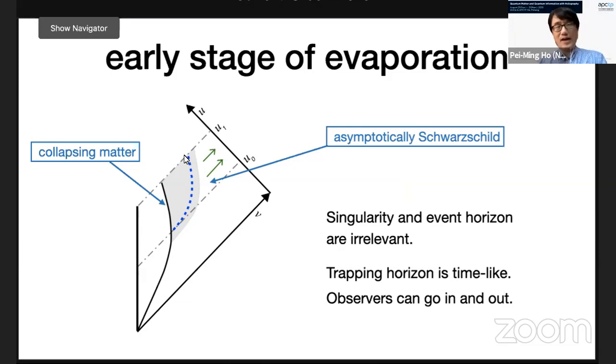I'll explain why it's time-like in the next lecture. But we can show that it's time-like following the assumptions we made in the conventional model. And so observers can go in and out. You can use a single basis of functions for the quantum field theory. So everything is smooth. And we will only talk about physics in this neighborhood.